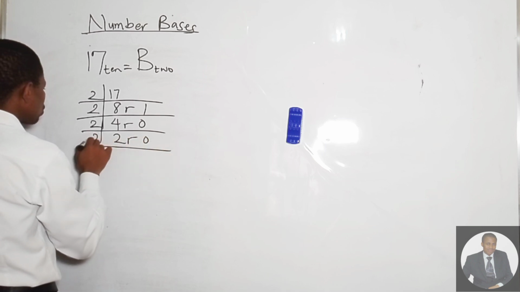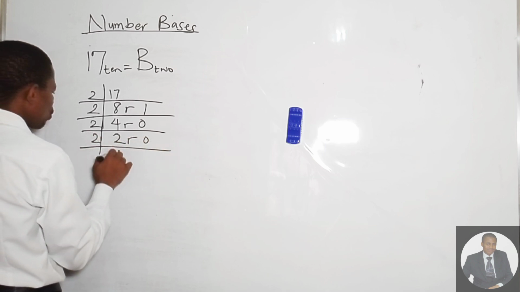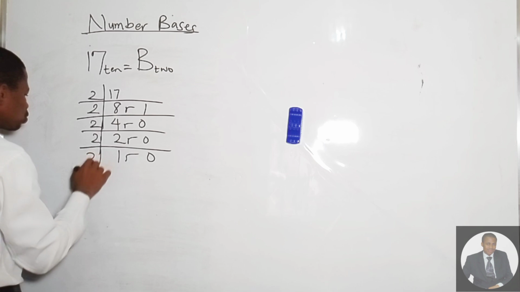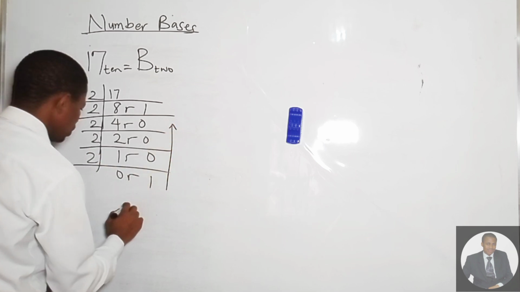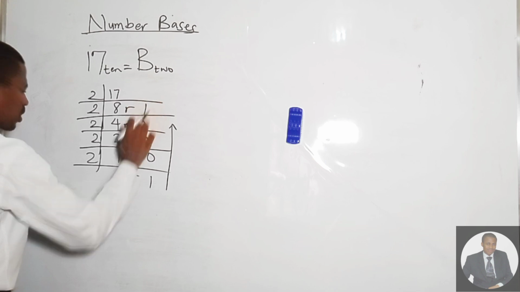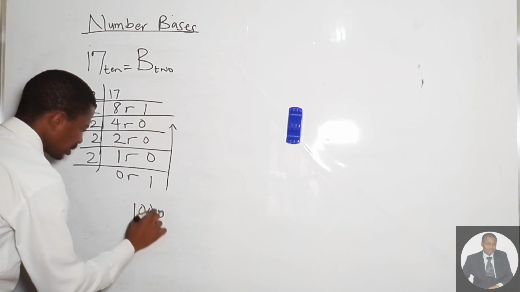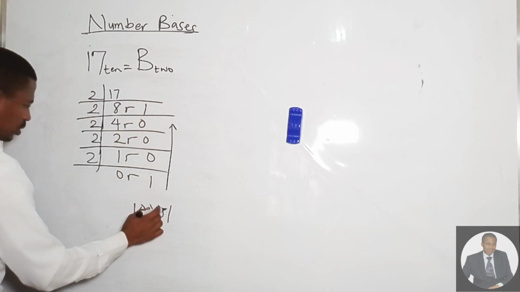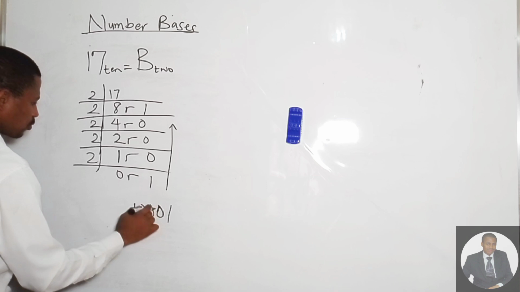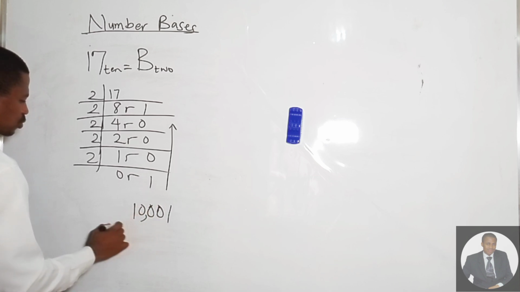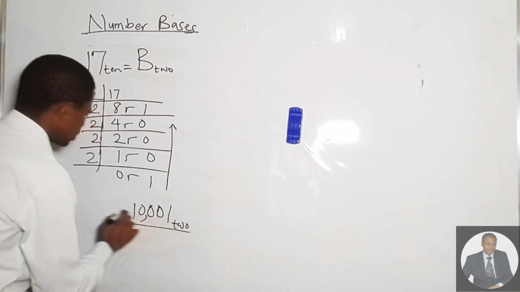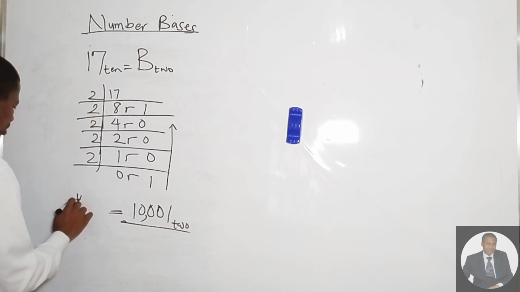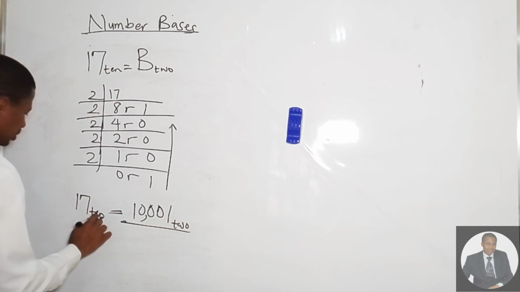How many 2 is in 2? 1, remains 0. How many 2 is in 1? 0, remain 1. So our answer will be 10001. So 10001 base 2 is the same thing as saying 17 base 10.